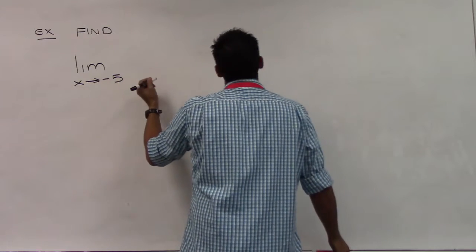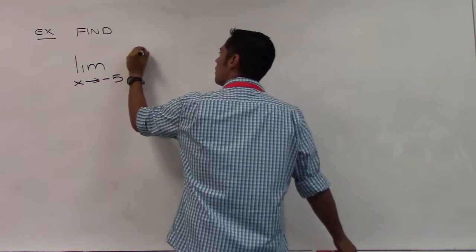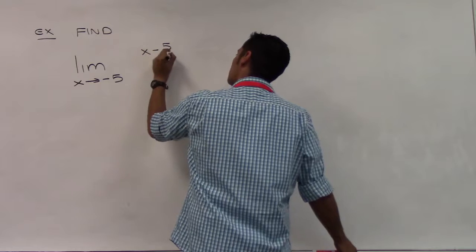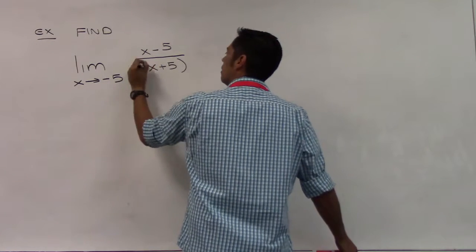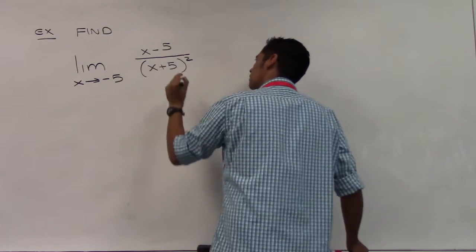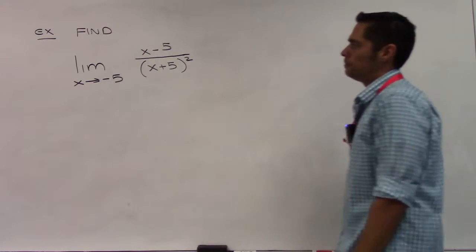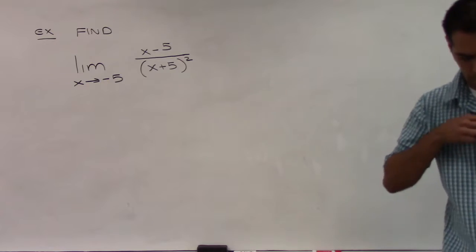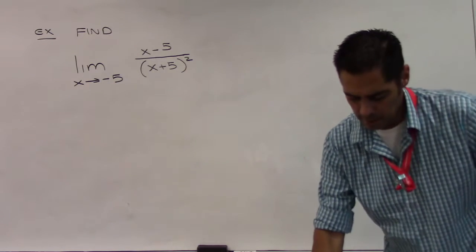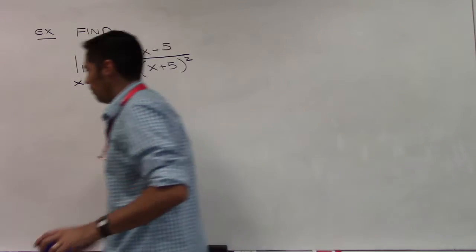And let's go with x minus 5 over x plus 5, squared. I'm going to let you do that. I'm just going to go grab some water while you consider that.